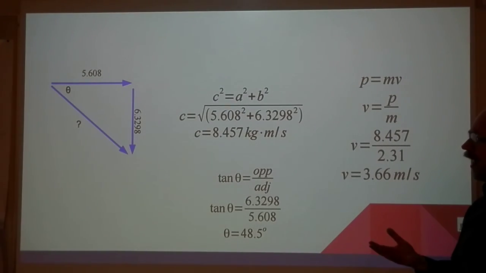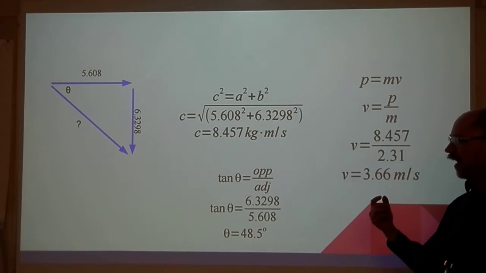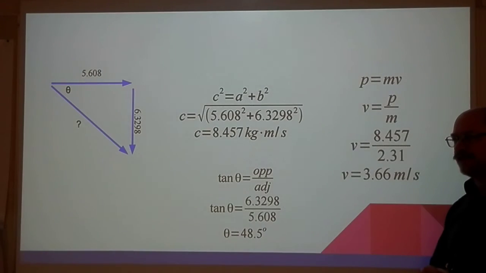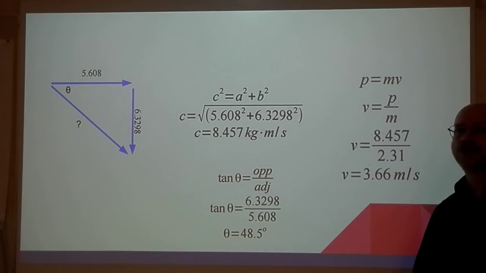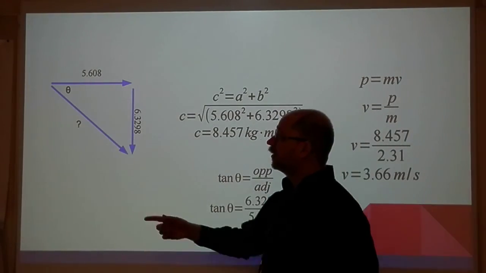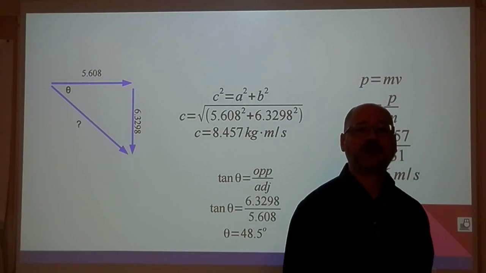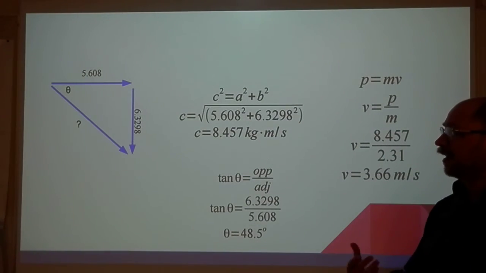Probably at this point, I would usually make some sort of final statement where I would say 3.66 meters per second at an angle of 48.5 degrees below the horizontal, below the original path of the red ball, because that's really what this is. It's going below that original path. Something like that.